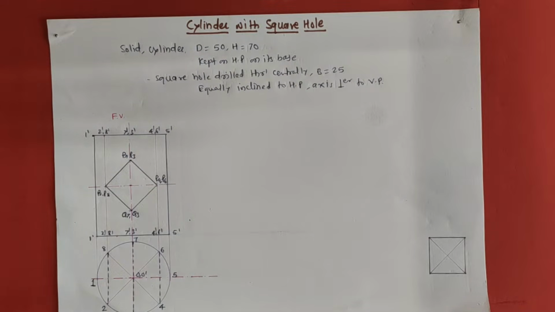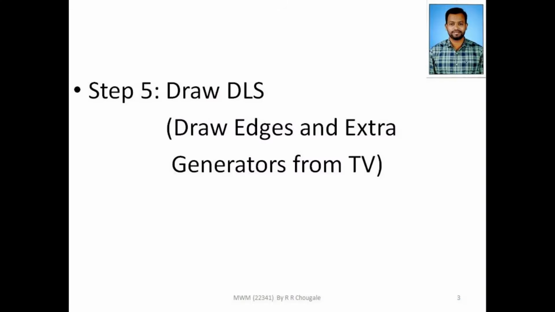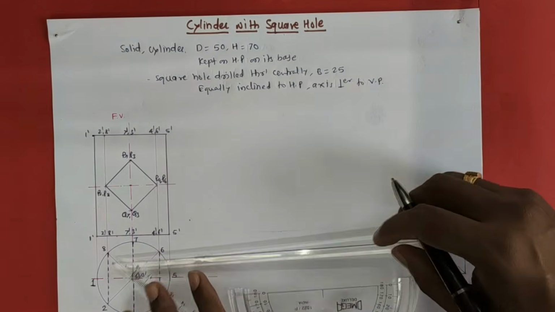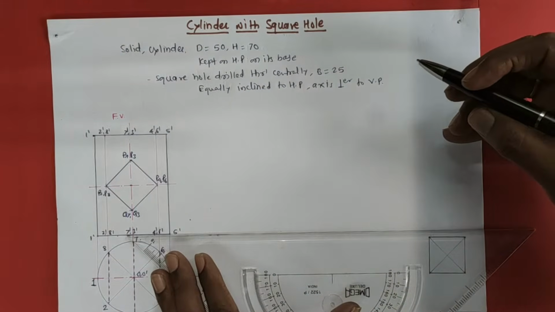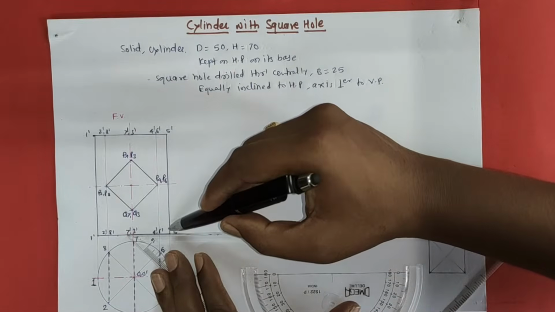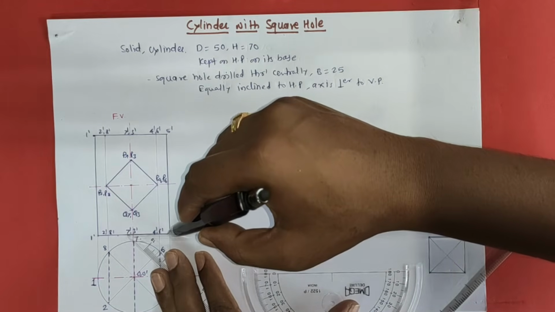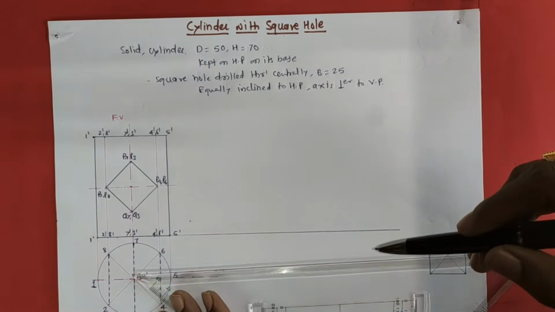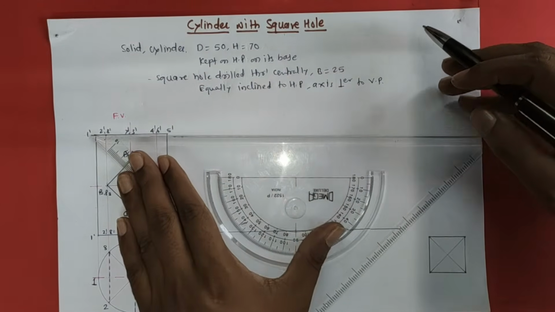Now front view is completed, top view is completed, we have to draw the DLS. Then how to draw the DLS? First of all, extend this axis. I have extended this axis.